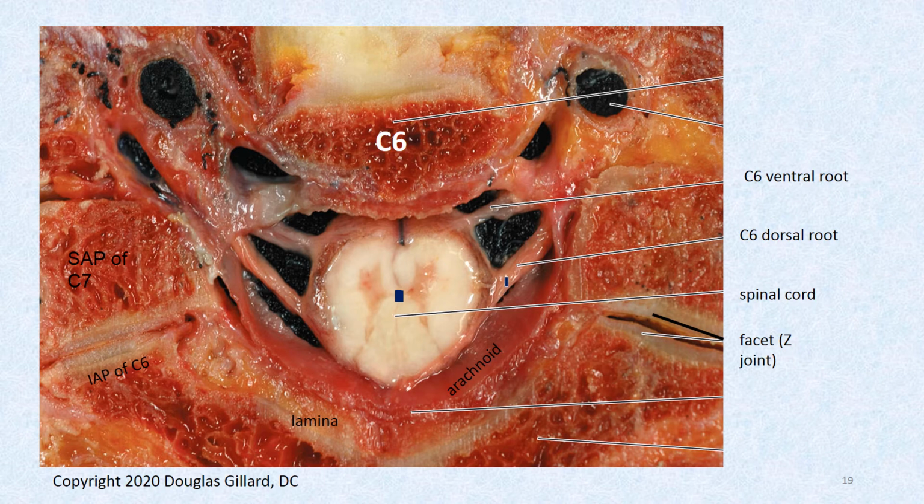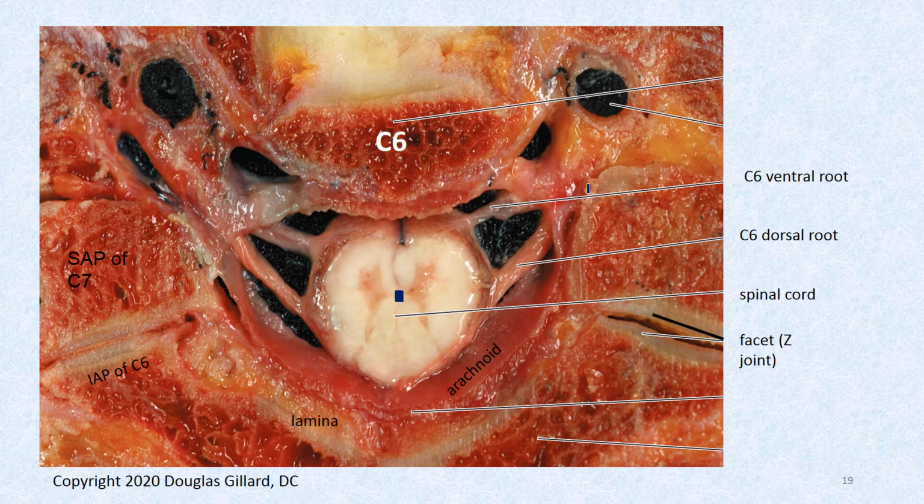If you dissected this out, you could see them. If you can't see the nerve rootlets, you just call it a root. So that's the C6 dorsal root, C6 ventral root, if you will. Or you could call it the C6 sensory root, and the C6 motor root would be right there. Dorsal root ganglia you can't really see.